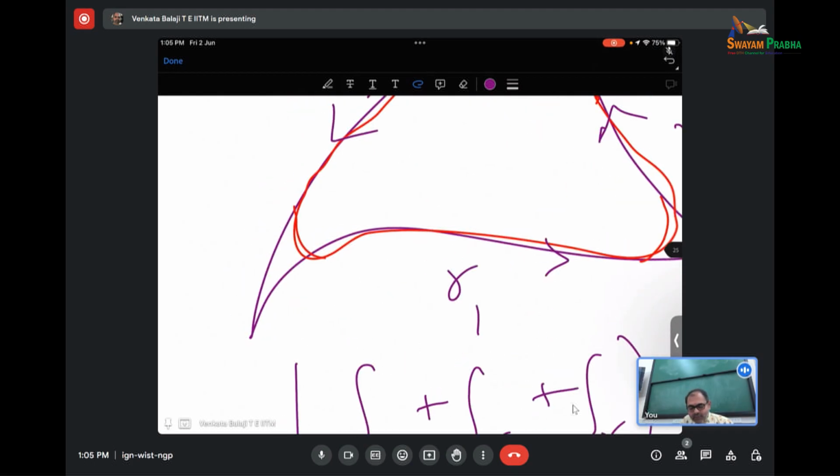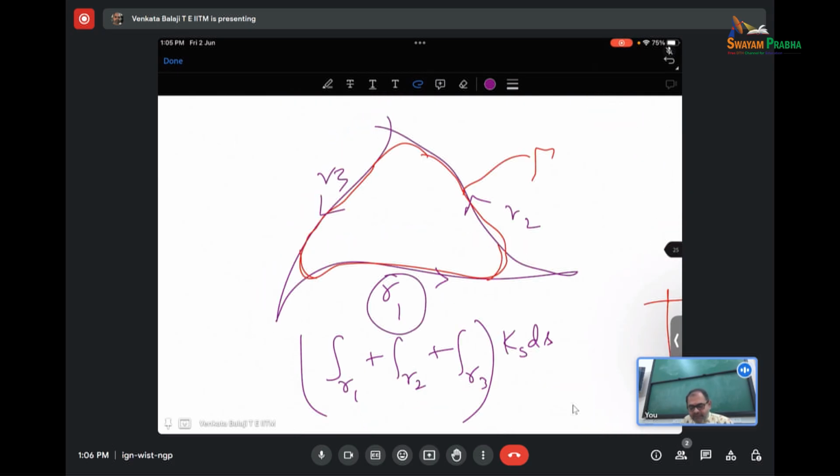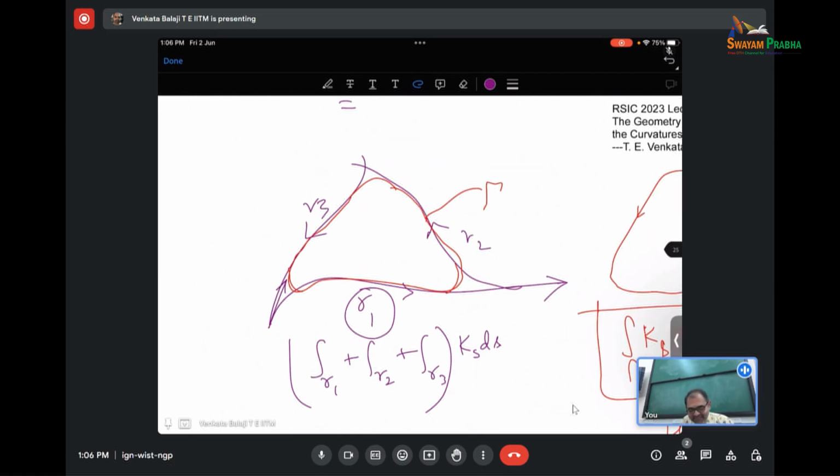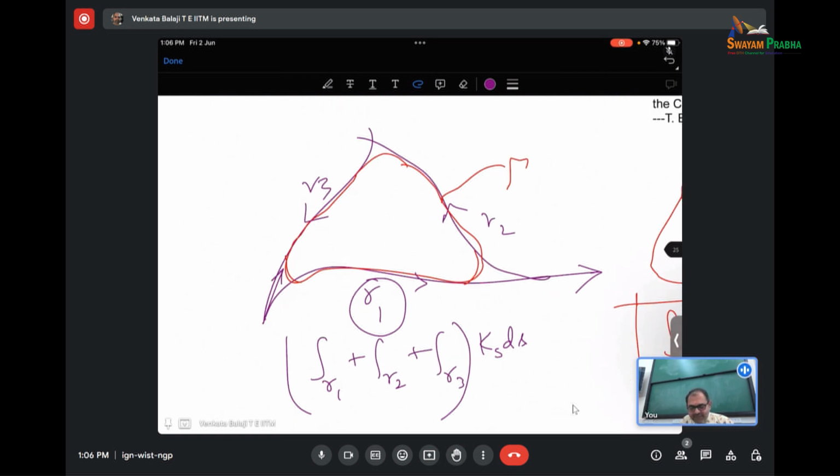See, look at this part of the picture. See, here what has happened is that, if I calculate integral over gamma 1, this integral over gamma 1 will give me basically the angle here minus the angle here, right? Wait. No, you won't get 0. Wait. See, the integral over gamma 1 will give the angle for this vector final minus angle for this vector initial. Okay.